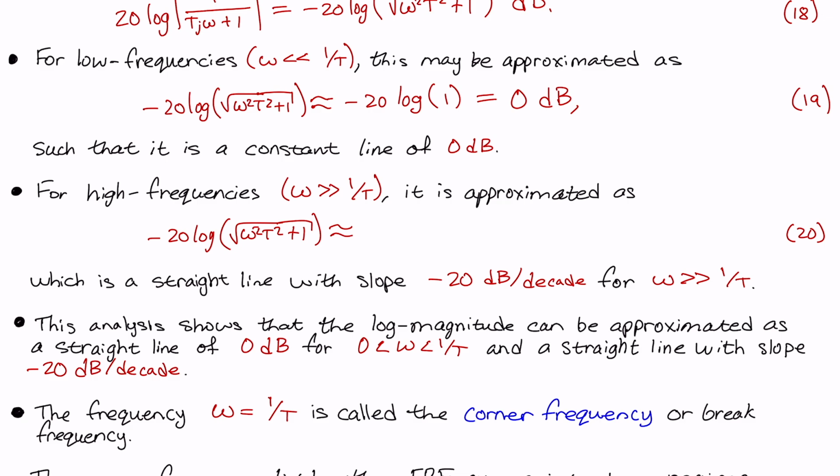We'll end up finding that this is approximately equal to minus 20 times the log of omega T in dB, such that it is a straight line with a slope of minus 20 dB per decade, true for omega much greater than 1 over T.